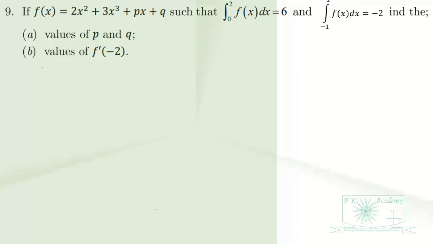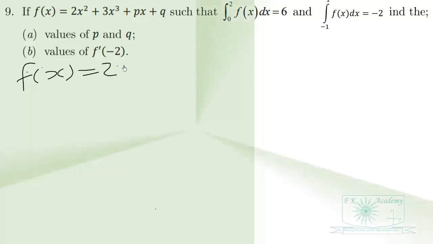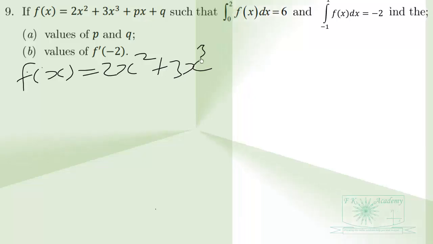So the function f of x is 2x squared plus 3x cubed plus px plus q.